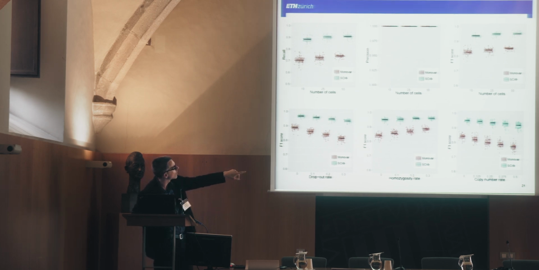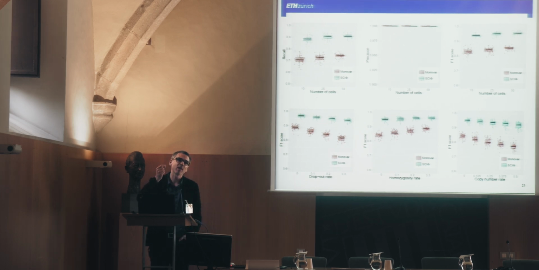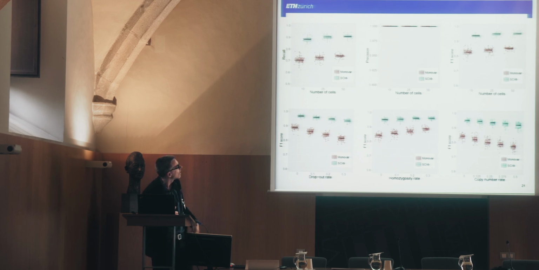Let's skip the one in the middle. The one on the bottom right is maybe interesting. We are not accounting for deviations of the expected allele frequency due to copy number changes, which in reality will exist. And so we're just assessing here how robust it is. And of course there is a drop in performance, but overall it looks pretty good even in the presence of copy number changes.